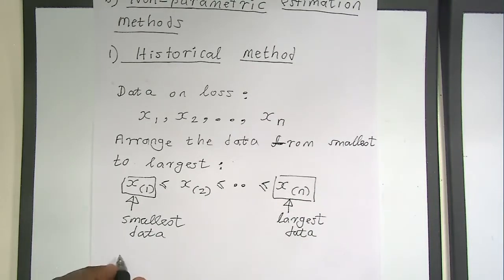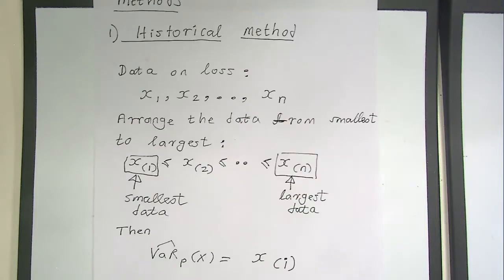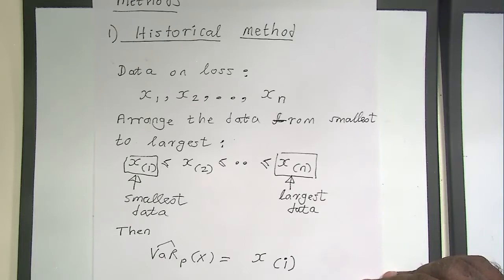Then the value at risk at P is equal to x sub i in brackets if P belongs to the interval from i minus 1 divided by n to i divided by n.